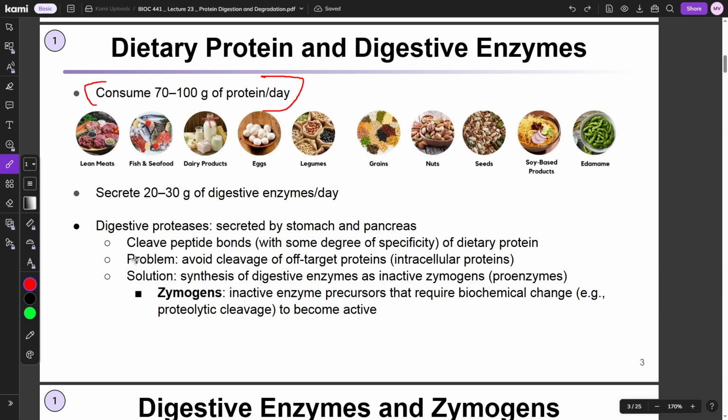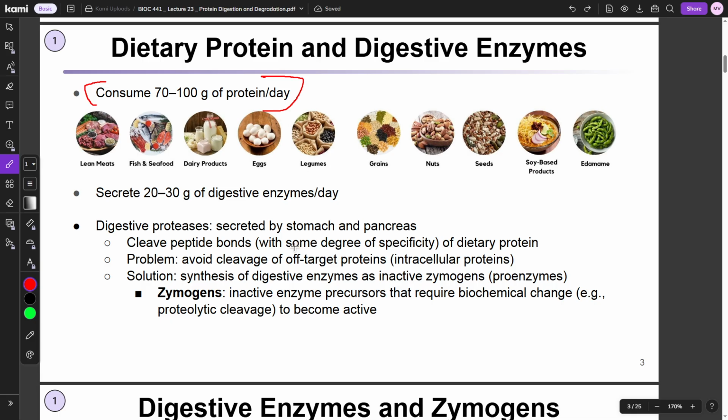The issue is, a stomach cell or a pancreatic cell has all these enzymes, and it has to make these peptidases before it actually is able to secrete them into the stomach. But if they're always active, then when you transcribe and translate these proteins, you'll end up actually destroying the cell itself, right? Because these proteases will start going after all of the proteins within the cell.